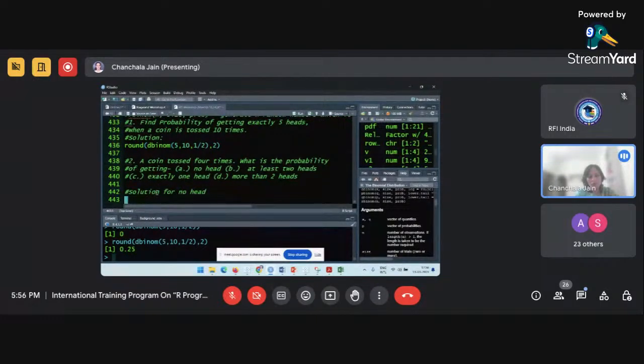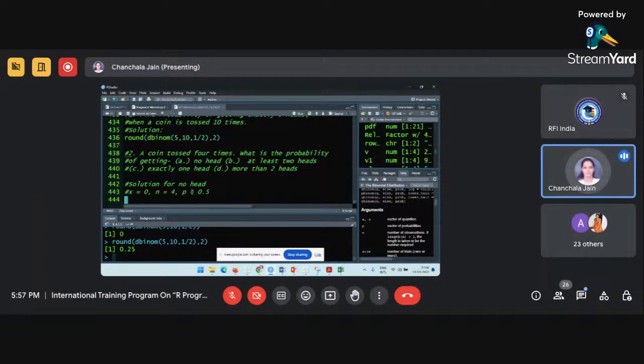Here I am writing what is given to me. X will be 0. N will be 4. And then the probability will be 1 by 2 or 0.5. 1 by 2 or 0.5, both are the same thing. Both ways I have shown you.